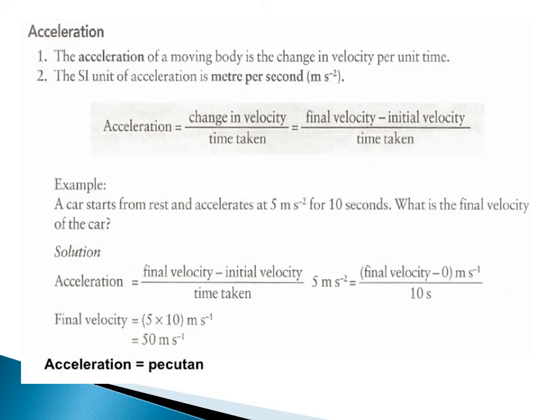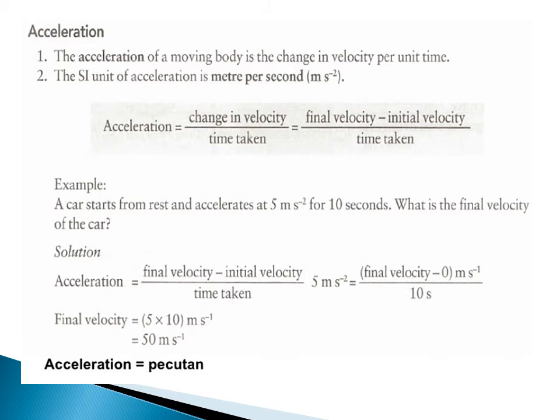Acceleration in bahasa Melayu is pecutan. So the change of the velocity, perubahan halaju, that one is pecutan. So the acceleration of a moving body is the change in velocity per unit second. The SI unit for acceleration is meter per second squared.